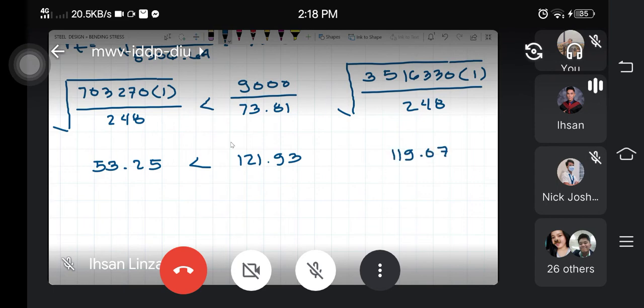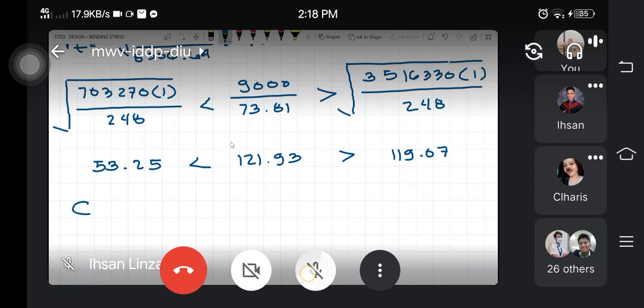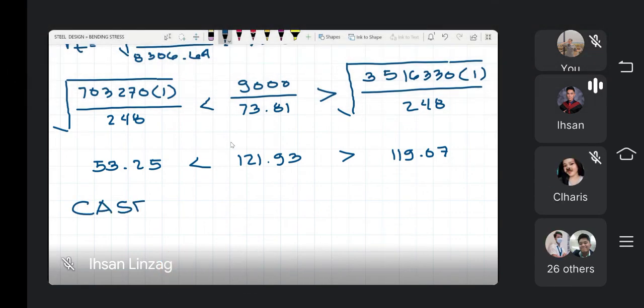So this is greater than. So if that is greater than, anong case to? Case 2, sir. So we are going to use case 2.